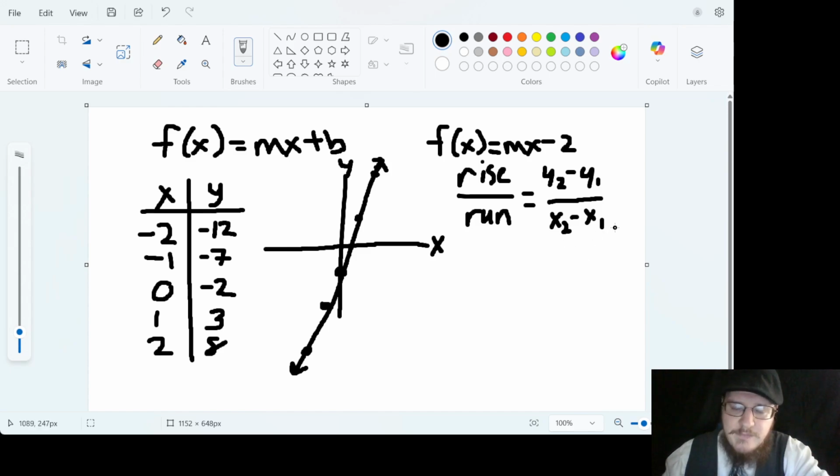So right point, left point. Now, let's go with these two here, the two negatives. Let's go with the two negatives, to give it a little bit more of a challenge with needing to deal with these negatives. So I'll say that this is our left, and this is our right.